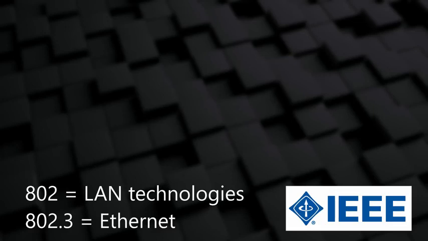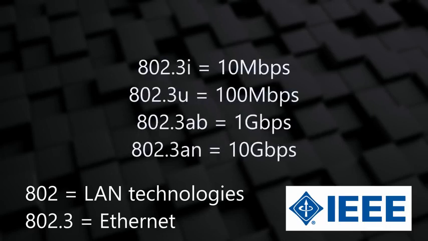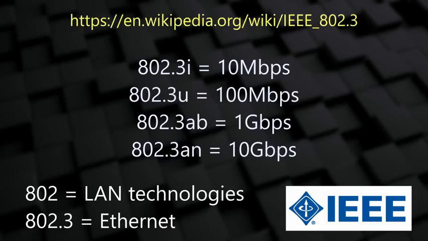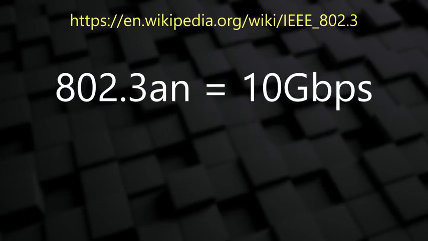Each of these is assigned 1 or 2 letters. For example, 10 gig Ethernet is 802.3an. If you'd like to see a full list of Ethernet standards, have a look at the Wikipedia page on IEEE 802.3. Codes like 802.3an can be tricky to remember, so each of these physical standards has a friendly name, which is a bit easier to understand.